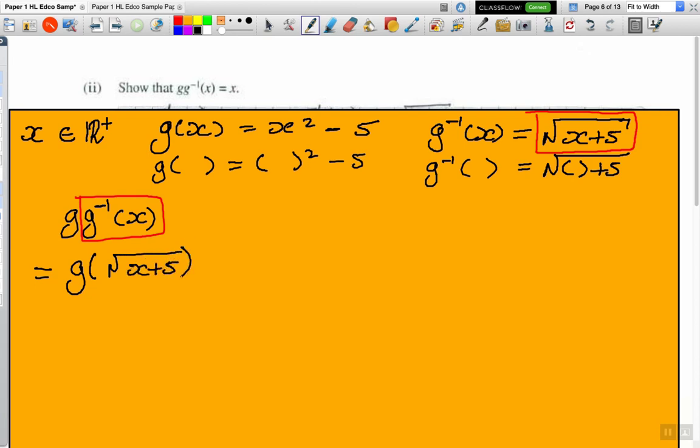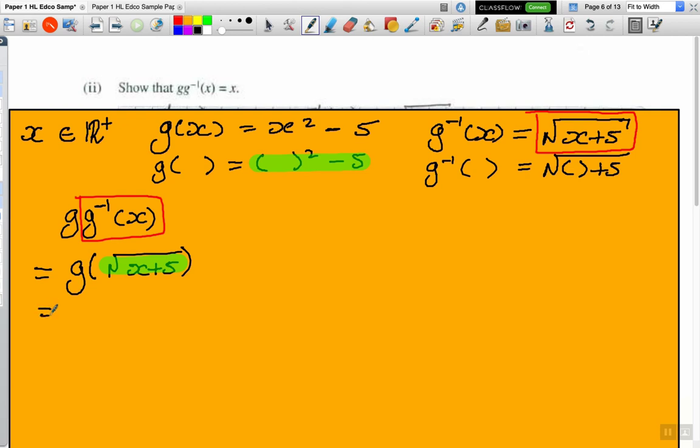Now because this thing here is not an x, we're forced to use the empty bracket method. When it's an x, we can use the formula above the green highlighter section, but when it's not an x, we have to use the empty bracket method.